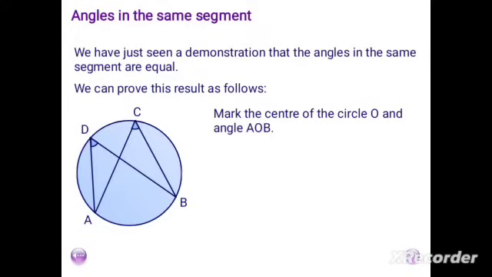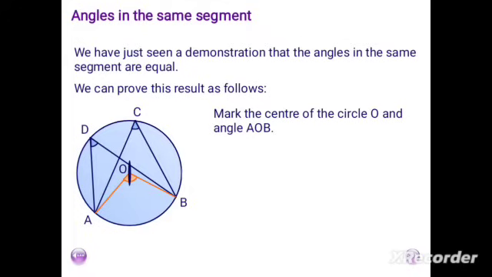Now, marking the center of the circle O and angle AOB. So that means we have AOB being the angle at the center, and then ADB being the angle on the circumference.